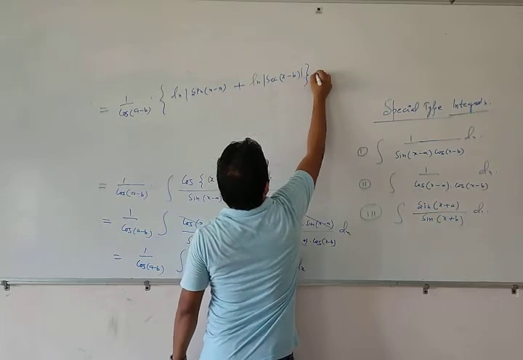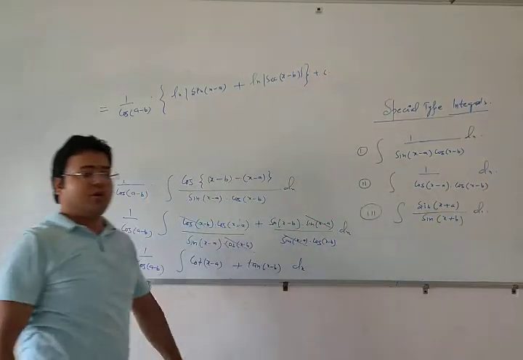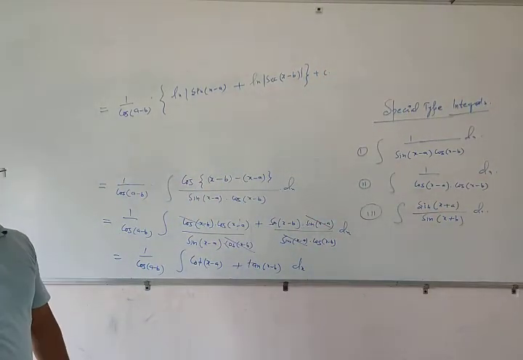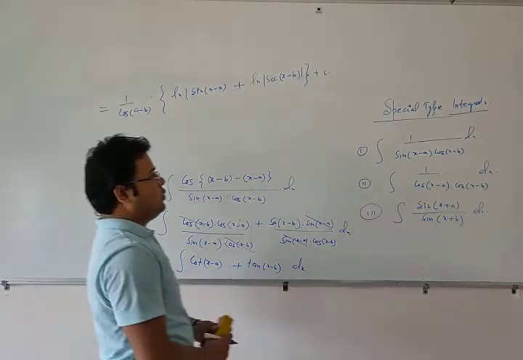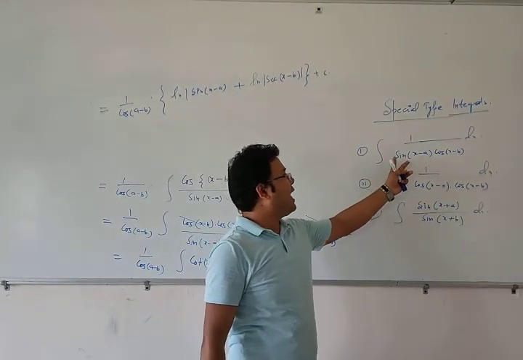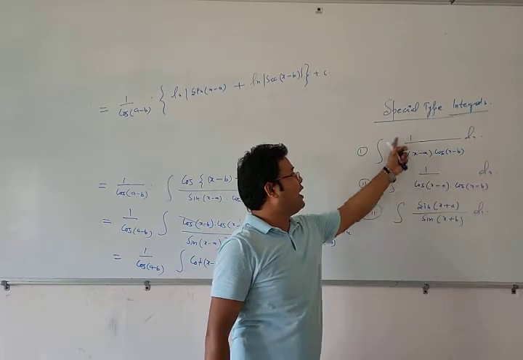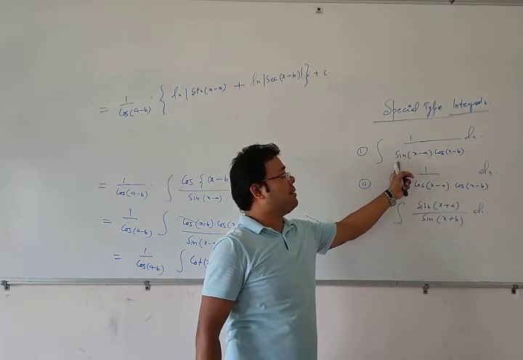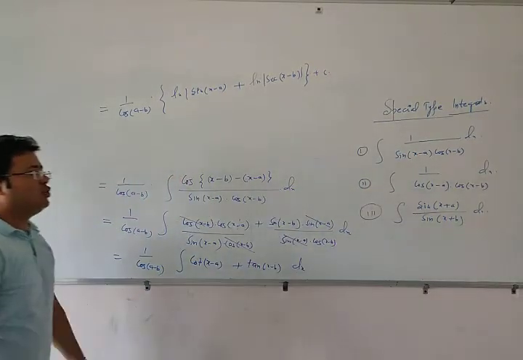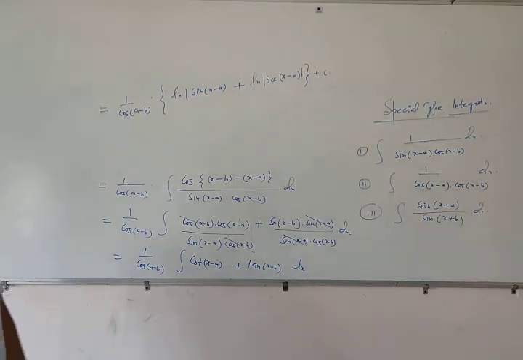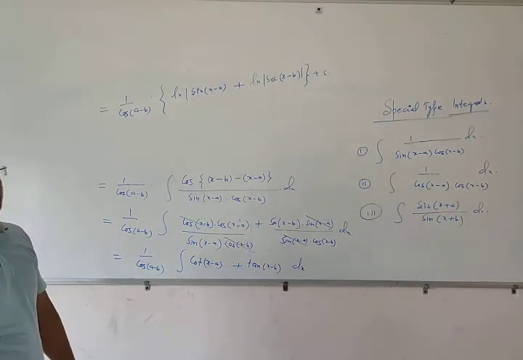Here the curly bracket closes, and lastly we put the constant of integration. So guys, you have seen how we can evaluate this type of integral. This is the special type and you have to know how to evaluate it.